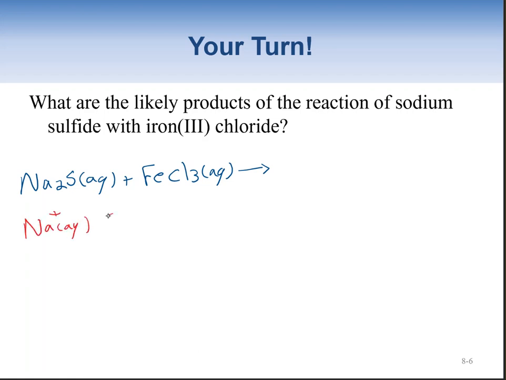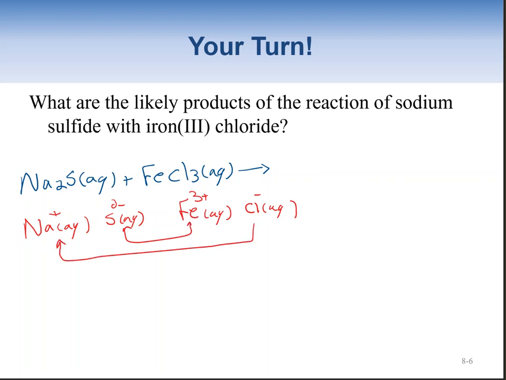We expect sodium ion and sulfide ion, and from the iron 3 chloride solution, we expect iron 3 ions and chloride ions. So swapping the cations and anions, I would expect sodium chloride and iron 3 sulfide. Iron 3 sulfide's solubility is very low, so this is basically considered insoluble in water.